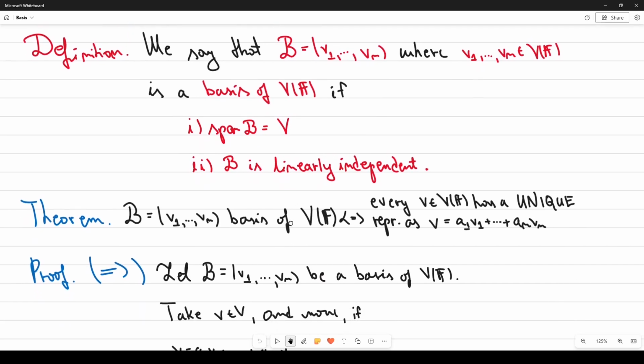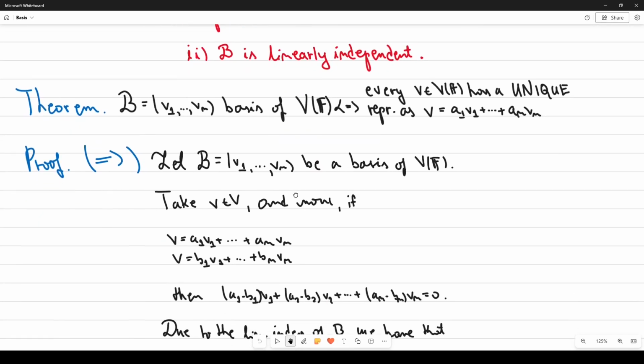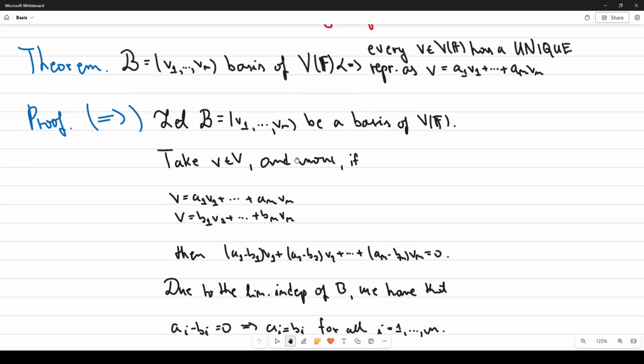And now to show the significance of a basis, the following theorem: if we have B a basis of a vector space, then every vector in V has a unique representation as a linear combination of the vectors from B, and vice versa.